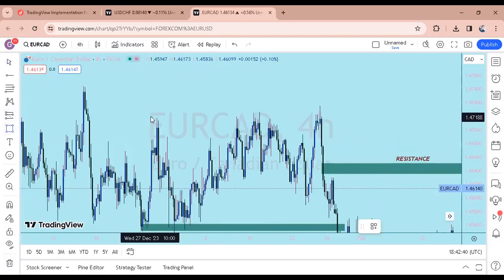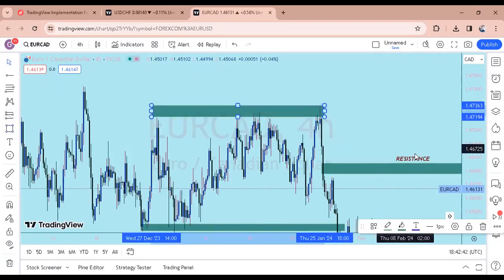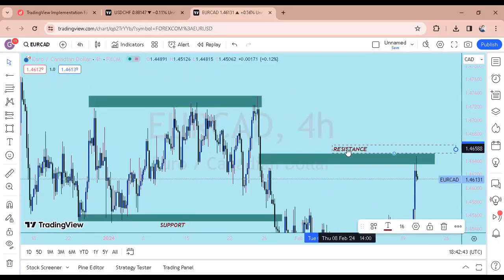So this is resistance, but I'm going to call this place resistance number 2. This is the first place, resistance number 1. The market has to struggle to take off this resistance.